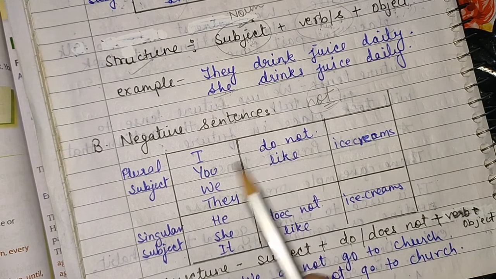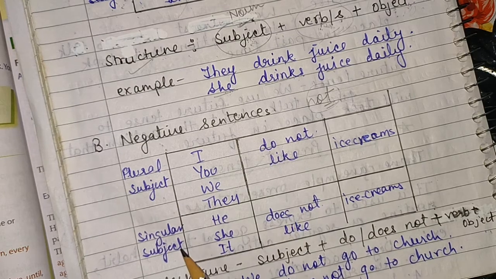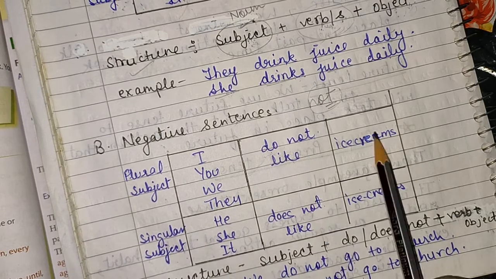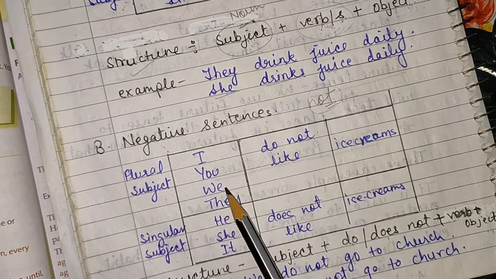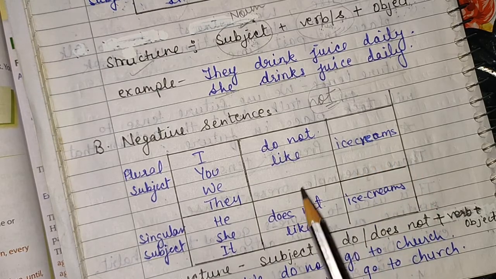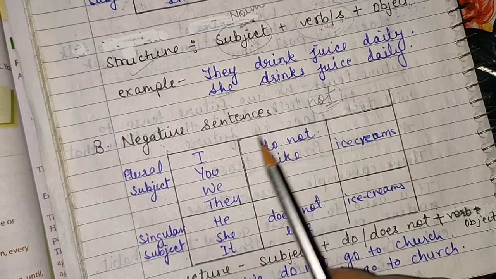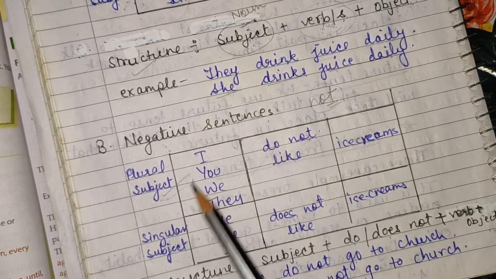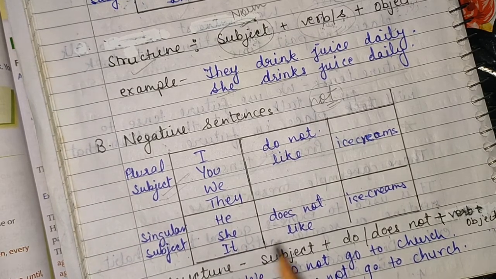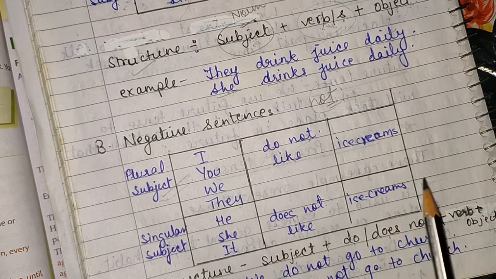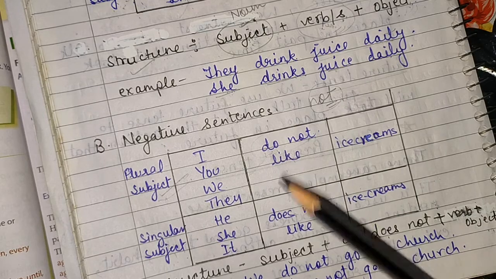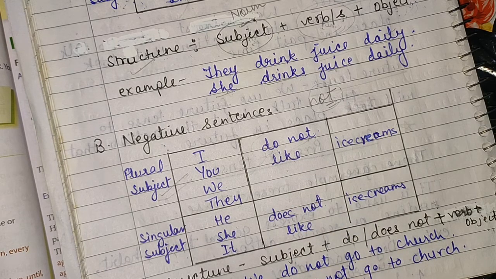So do not we use for a plural subject and does not we use for a singular subject. If the subject is plural: I do not like ice cream, you do not like ice cream, we do not like ice cream, and they do not like ice cream. So here we are using do not for a plural subject. Next is the singular subject. If the subject is singular like he, she, it, we will use does not like ice cream. So just keep in mind the difference between do and does: do with a plural subject, does with a singular subject.